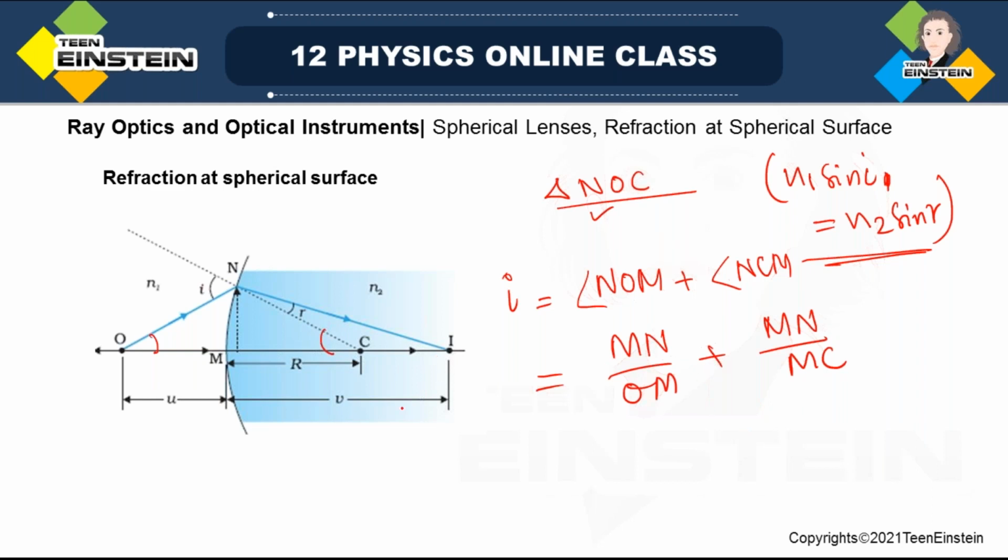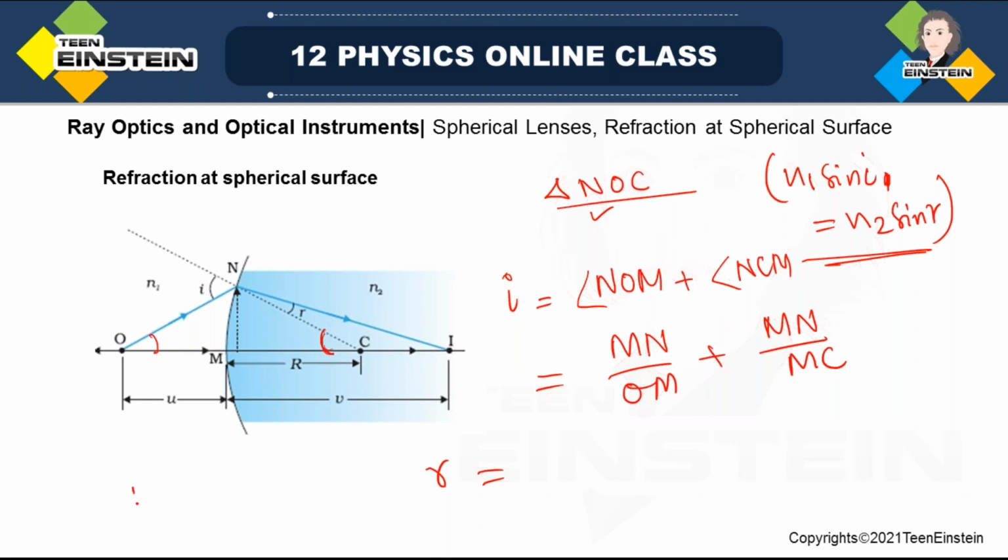Similarly, if I have to find out what R is, what you have to do is take this as the exterior angle. Look what we can do.